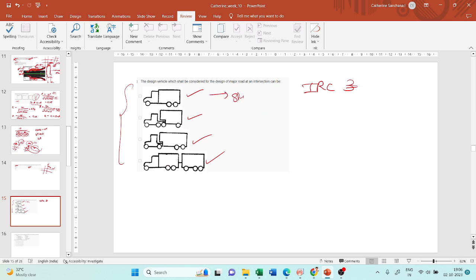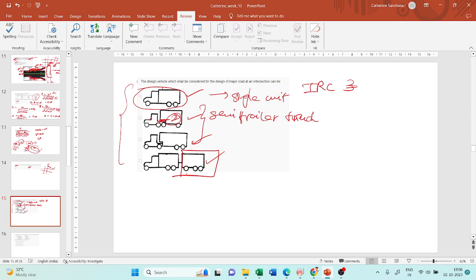This is a single unit truck because, as you can see, it is a single unit. Now this has two units, but the second unit is not fully detached from the first unit. So this is called a semi-trailer truck. Okay, so these two are called semi-trailer trucks because they are not fully detached, right?